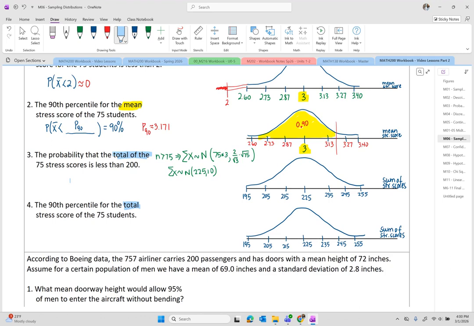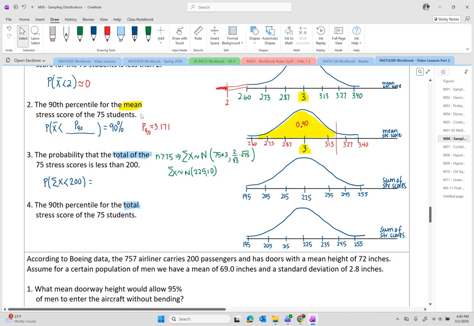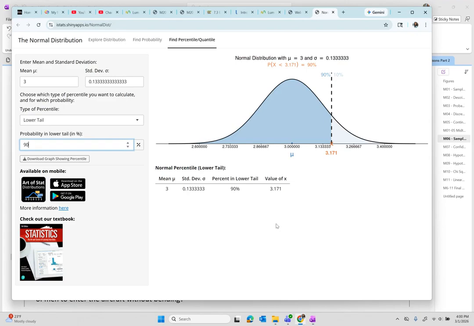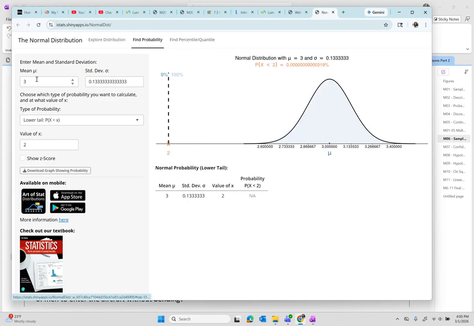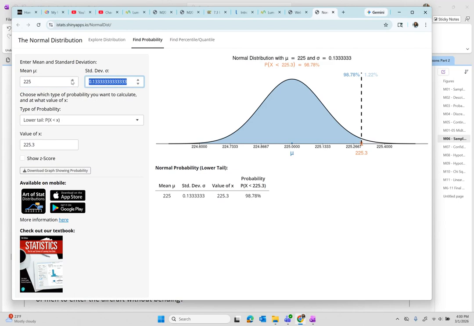What's the probability that the total will be less than 200? So what's the probability sigma x less than 200 is the first question. So I'm going to go in Art of Stat. I will go under Find Probability, change my mean to 225, change the standard deviation to 10. I need the probability in the lower tail, and I want this to be 200.